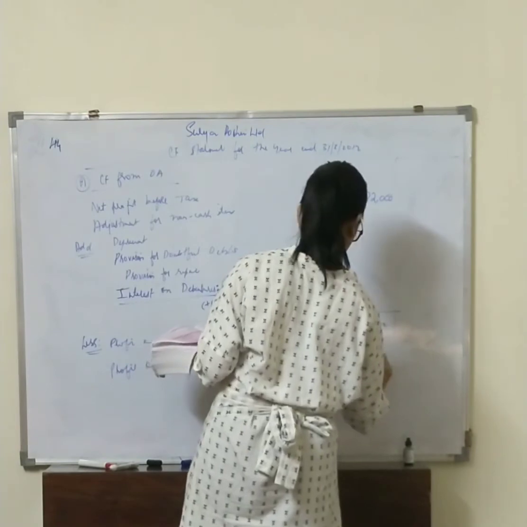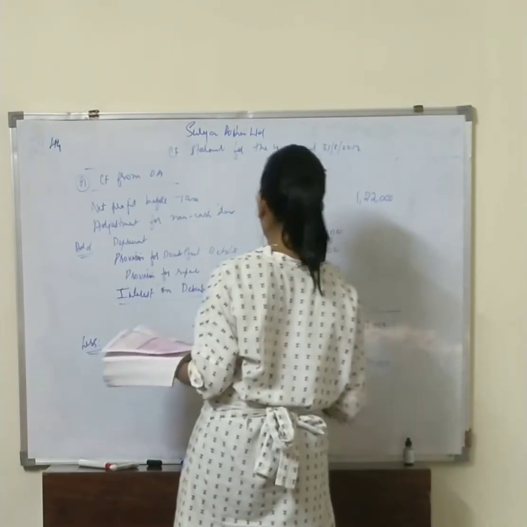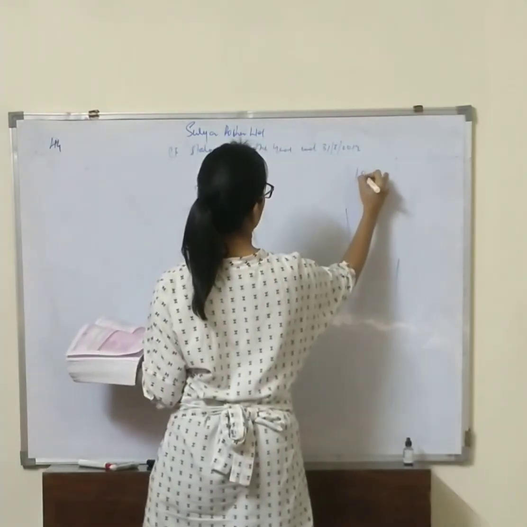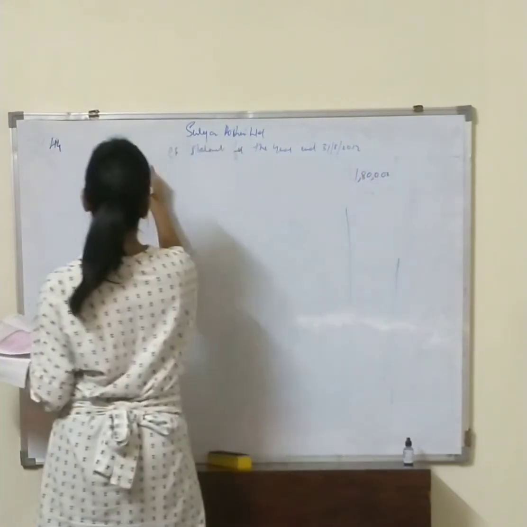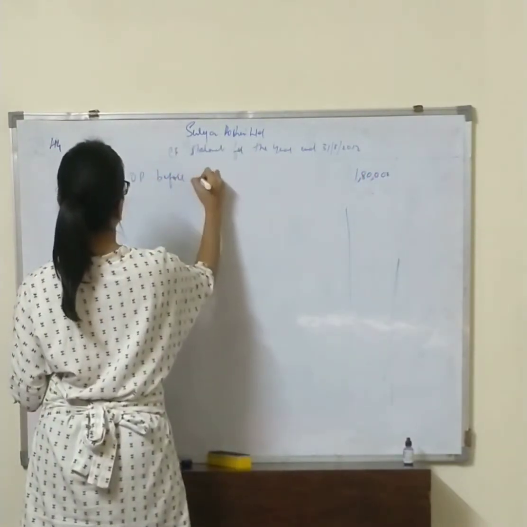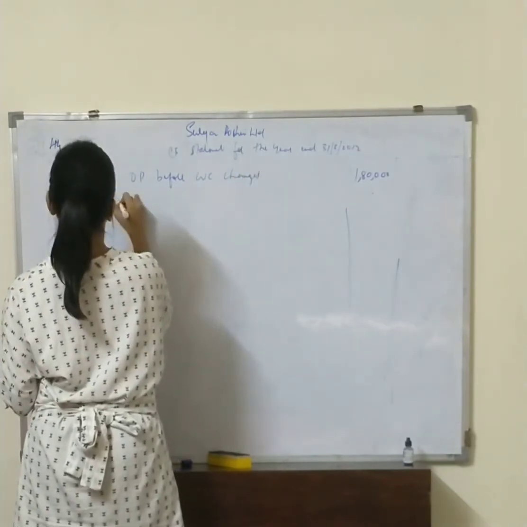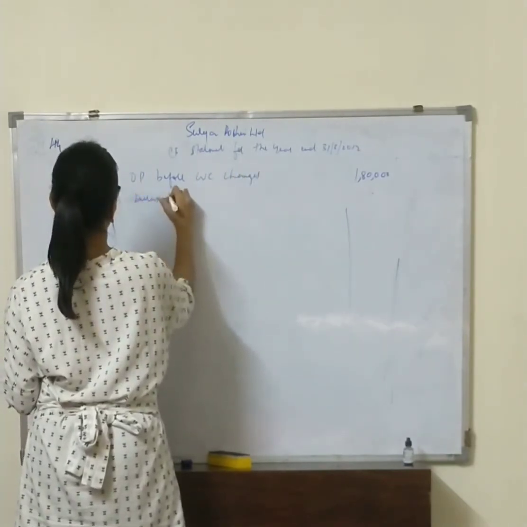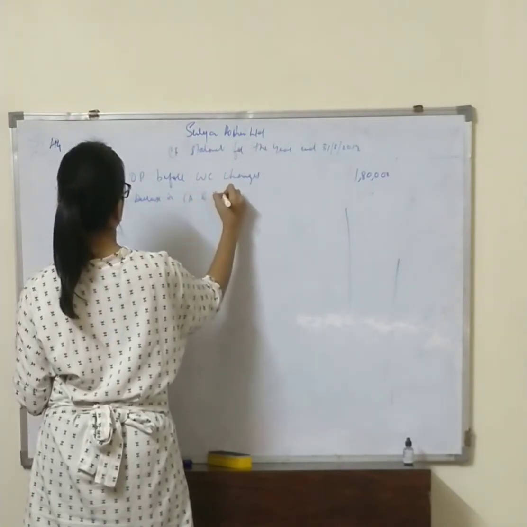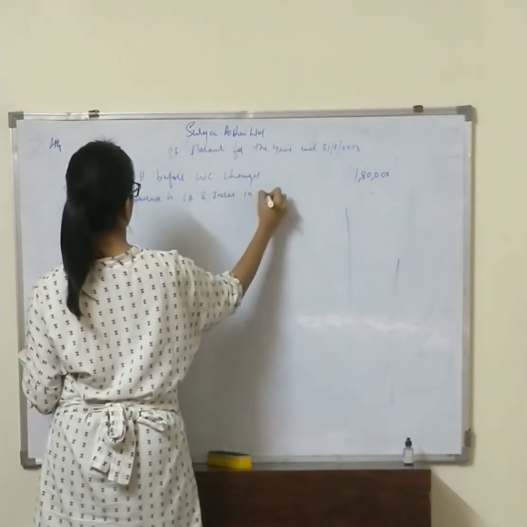So total is 9,000. We get 1,80,000 as operating profit before working capital changes. Then we add decrease in current asset and increase in current liability.